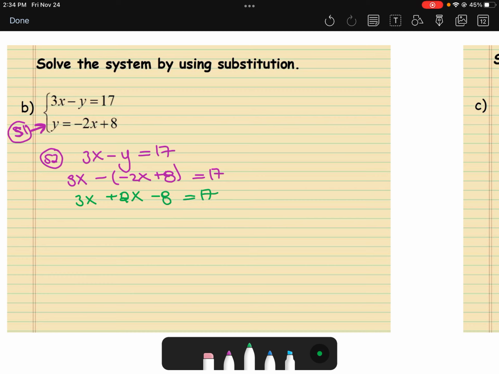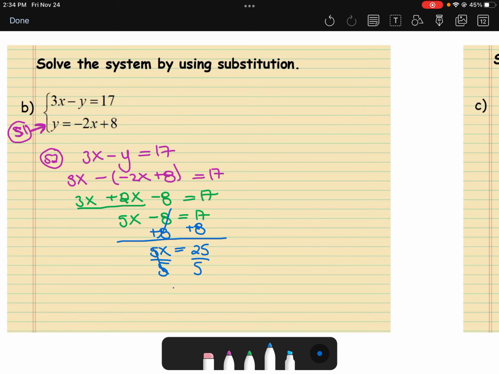Okay, so now we're going to go ahead and combine our like terms. So 3x plus 2x is 5x. To solve for x, we're now going to go ahead and add 8. What we do to one side, we do to that other. So I have 5x is equal to 25. And then to get x by itself, we're going to go ahead and divide by 5. So x is equal to 5. And now that we have that variable, we can go ahead and go to the other step.